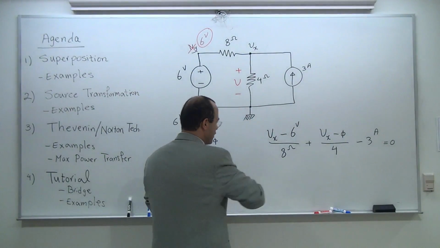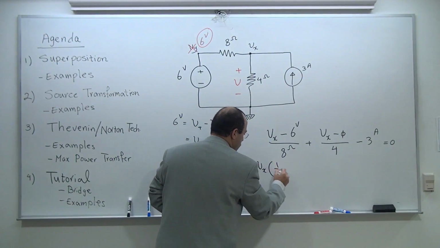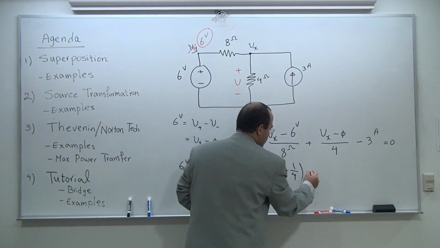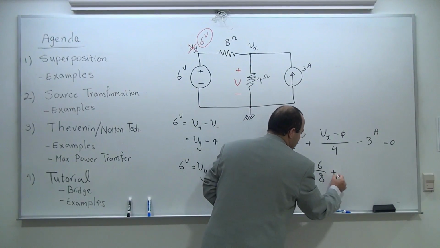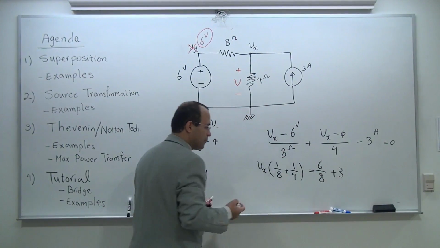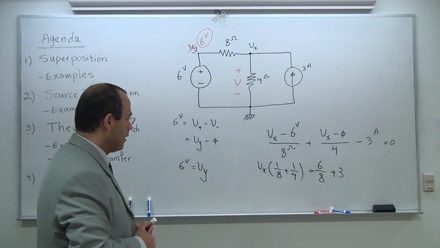So, for example, this one is going to be Vx times 1 over 8 plus 1 over 4, and then I'm going to take this to the other side, 6 over 8, and then that would be plus 3. It's going to be one equation, one unknown. But this equation is linear.